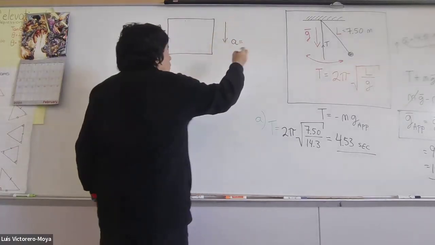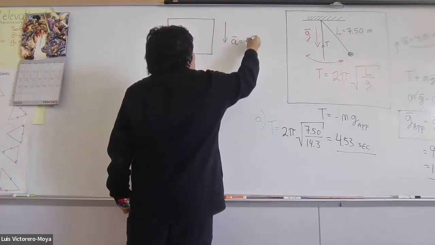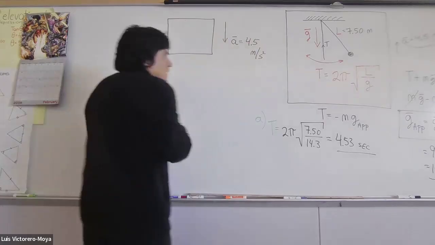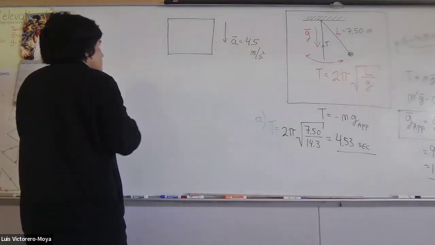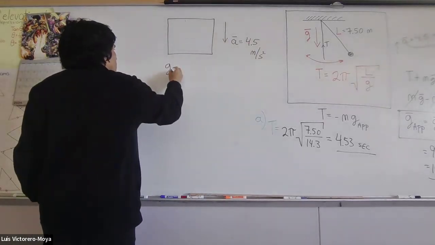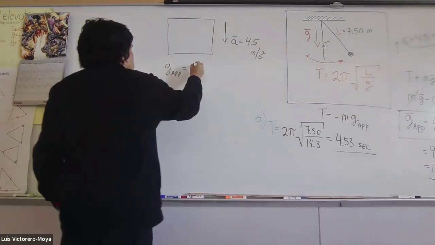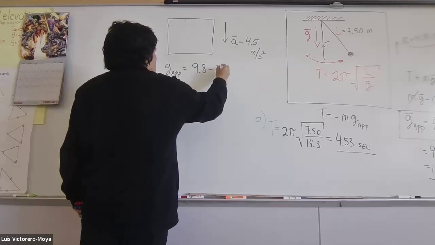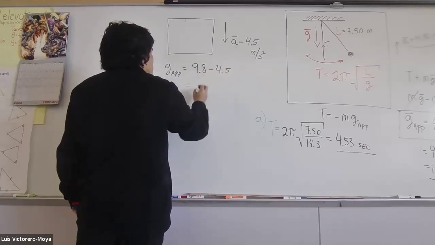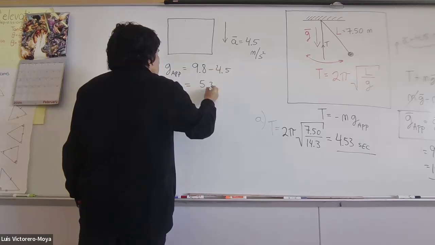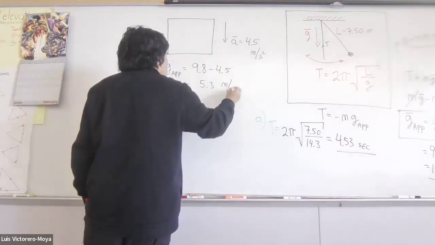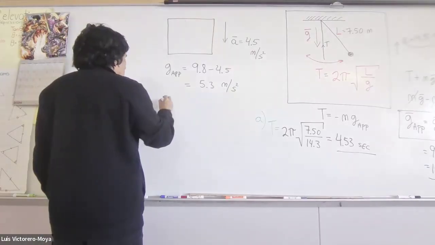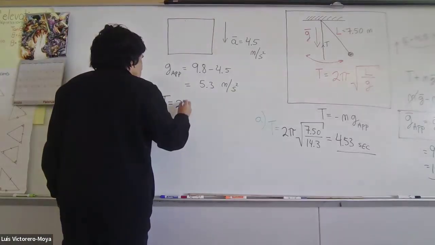Same acceleration, 4.5. So the apparent gravity is 9.8 minus 4.5. So there is less gravity. And yeah, think about it. If you are going down, that pendulum is going to kind of move faster. It's less drag.